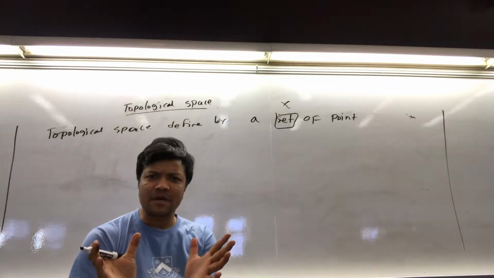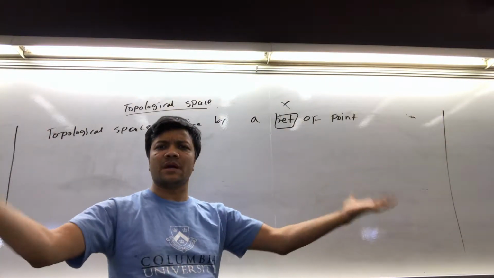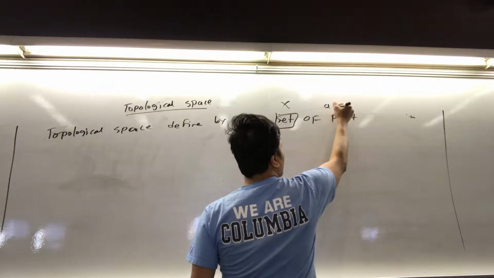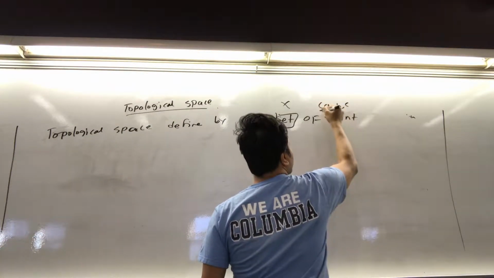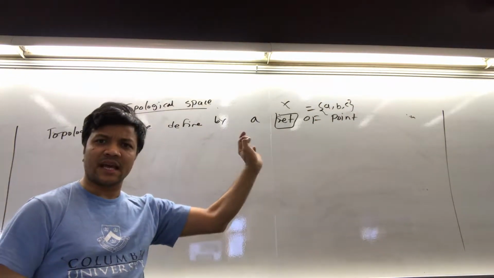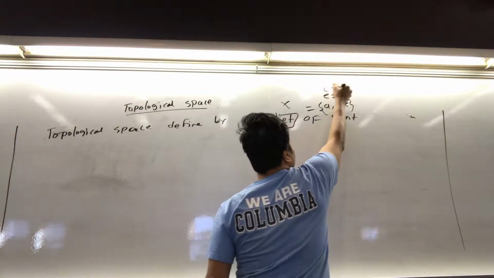And points, how many points? It can have an infinite number of points, but let's say X has A, B, C. Let's say X is a set with three elements, A, B, and C. So there are three elements, cardinality is 3.